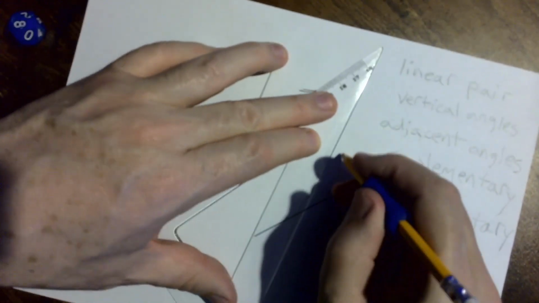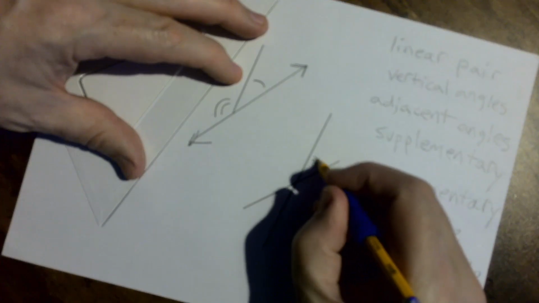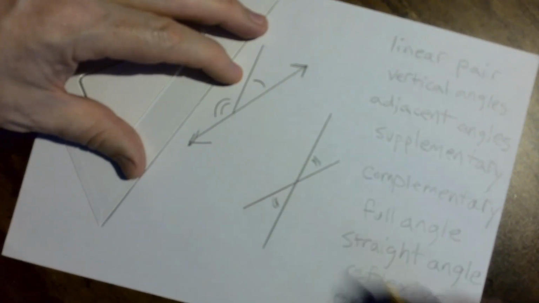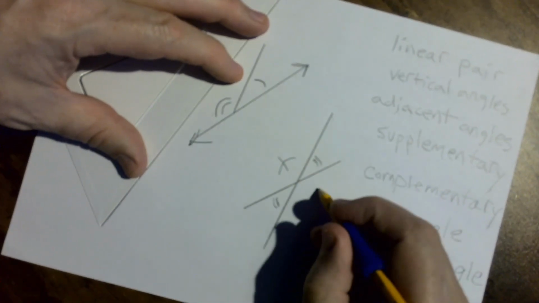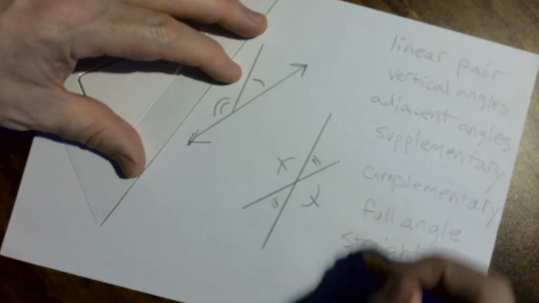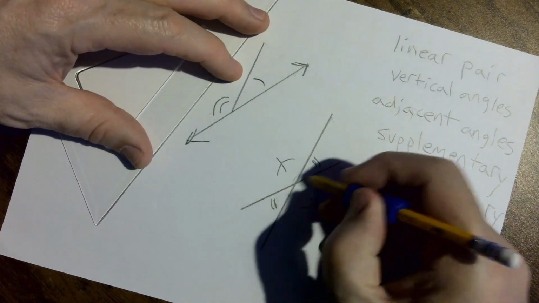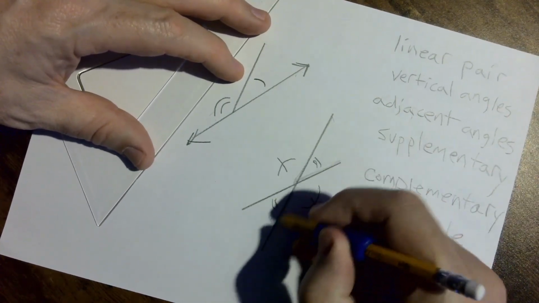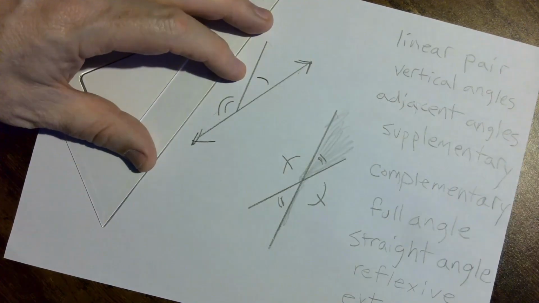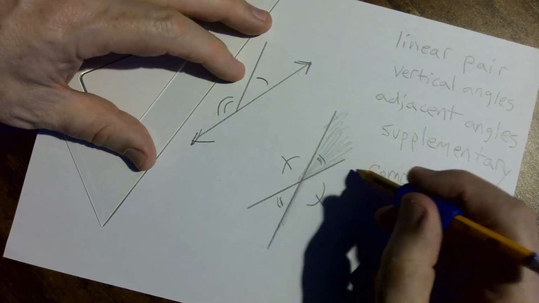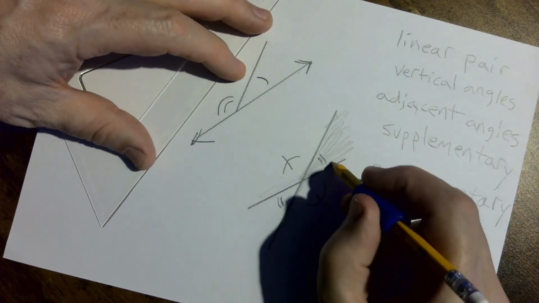You have vertical angles whenever you see two lines intersect. Those angles are vertical to each other. And the same goes for these two angles, they are vertical angles with each other. Adjacent angles are angles that, say if we're talking about this angle here, this angle is adjacent, as is this angle adjacent to this.